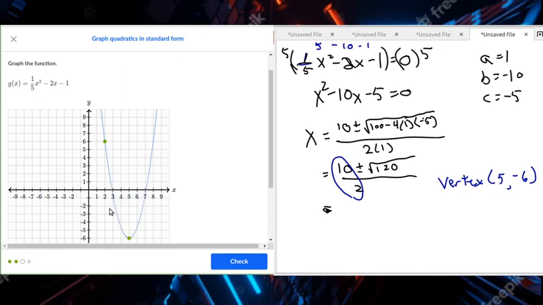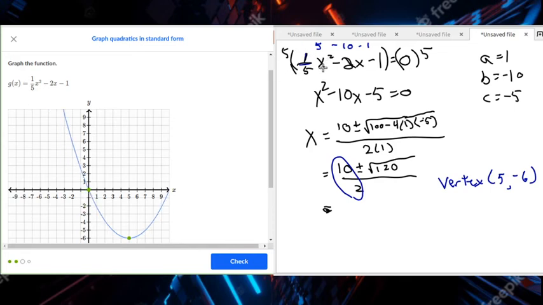I think 0 is the easiest one to figure out, but it's going to be too far over here, so maybe not. We're on 1/5, so we know that it's going to open up. It's going to be really shallow like this. So maybe 0 will work out for us.